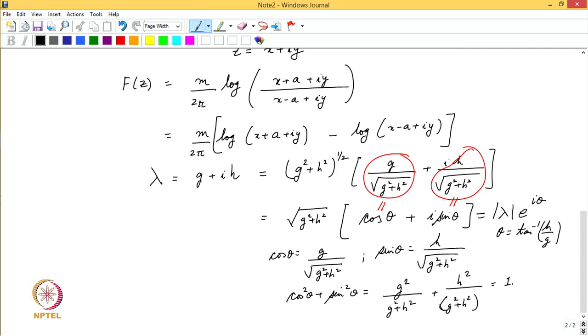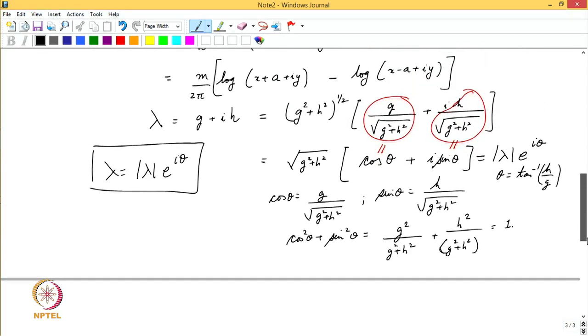So, the same principle, that a complex number lambda could be written as modulus lambda times e to the power iota theta, I will try and exploit to simplify the complex potential f of z.